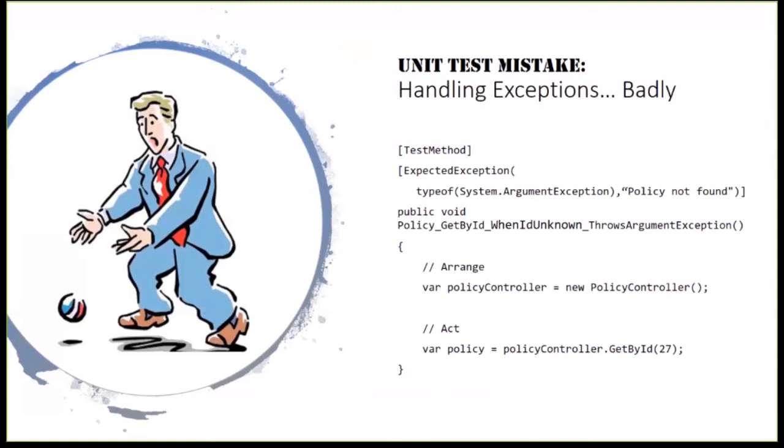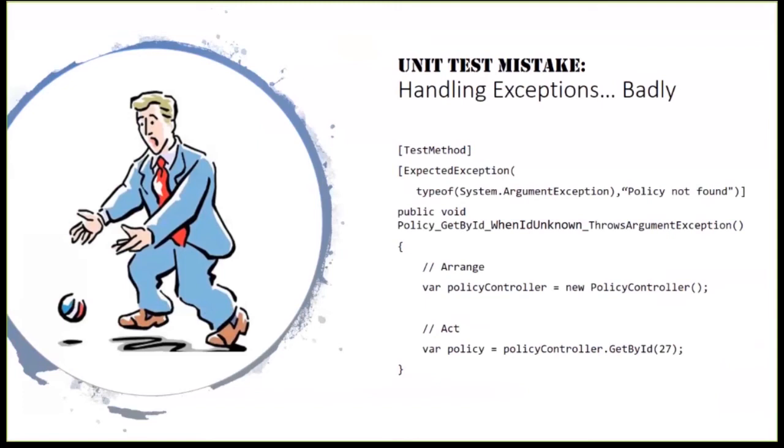So it says expected exception, argument exception, policy not found. And then the name of the function is policy get ID, when ID unknown, throws argument exception. Pretty good name, okay? Arrange, create a policy controller, call the method get by ID, passing a 27, which presumably doesn't exist, and you're good.